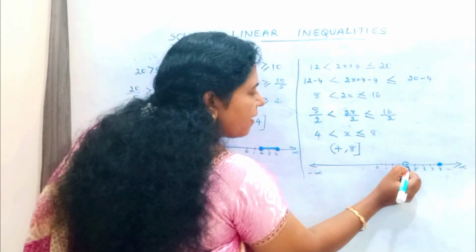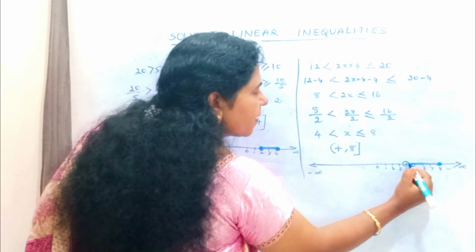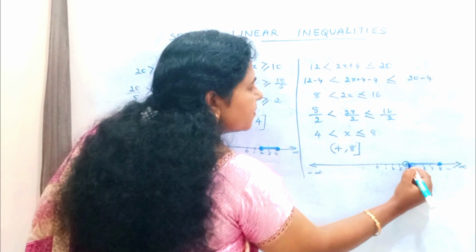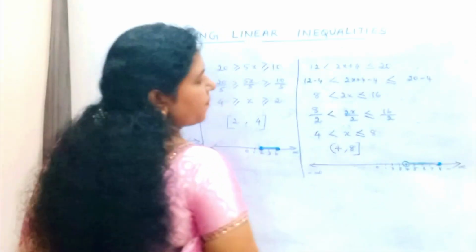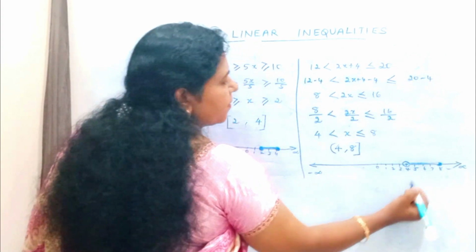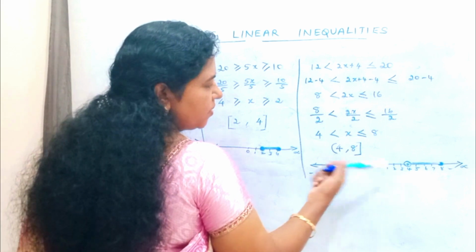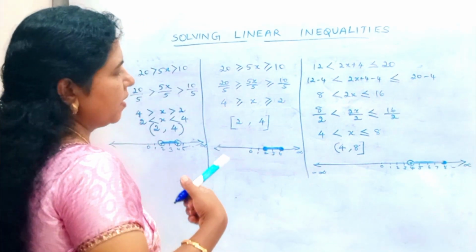So here we will be having a closed circle at 8, and an open circle at 4, and this is the range. So now in this way we can represent using the number line method.